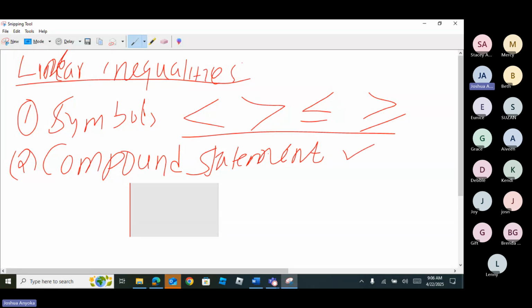Compound statement is like x is less than or equals to 6, greater than or equals to -1. But it's not given this straight. It must be given from some original state, and then we are required to solve and give this one.